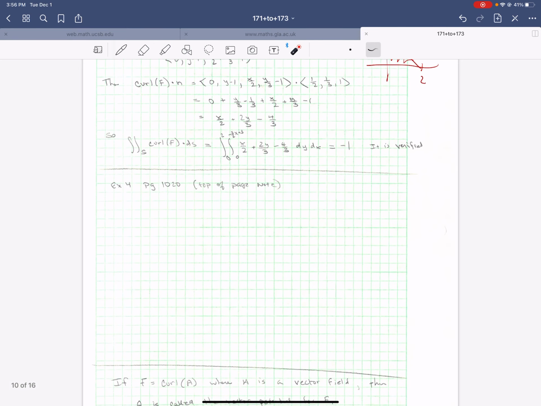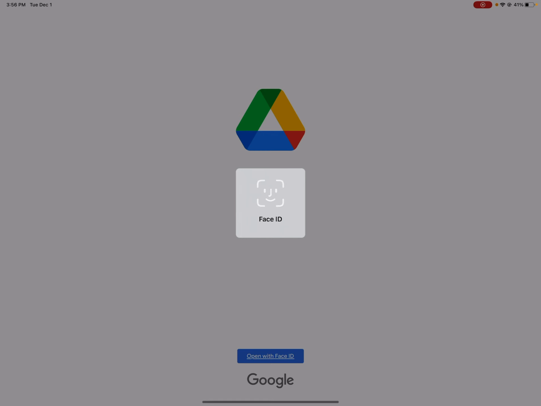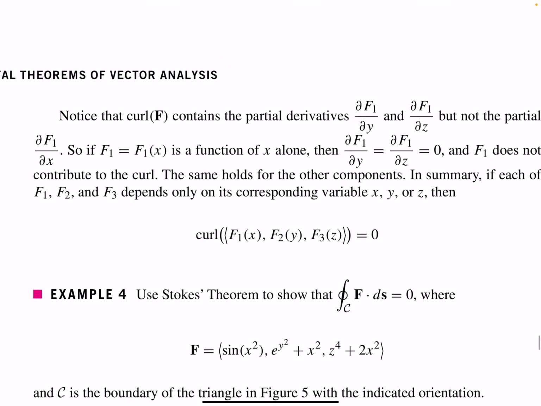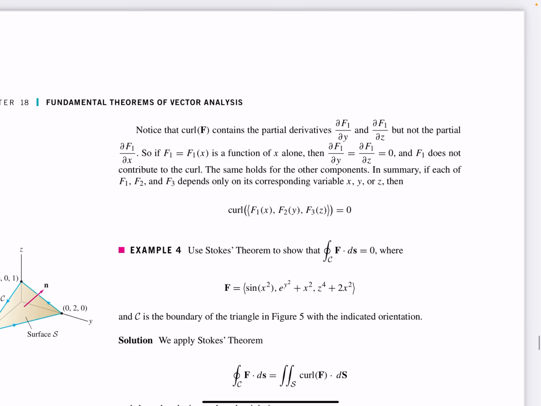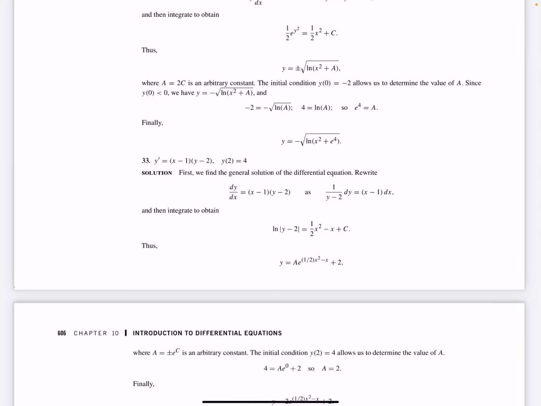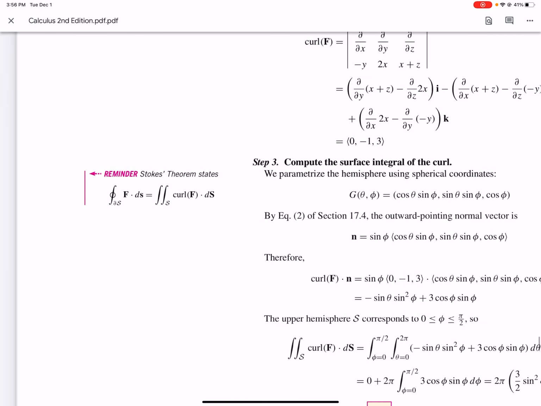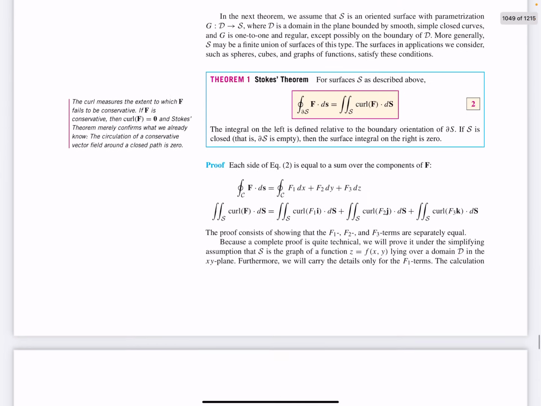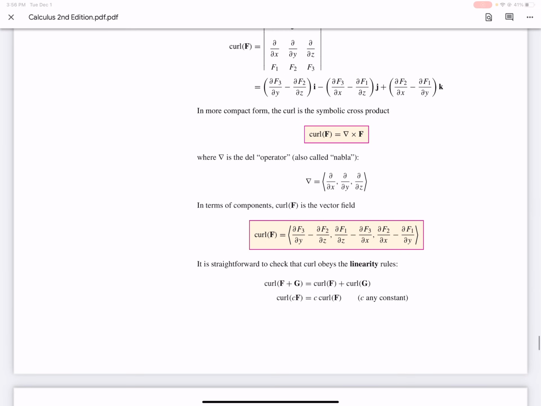Then here I have a note, so I'm going to jump over for a sec. That note is this note at the top. It says, notice that curl f contains the partial derivatives df1 dy and df1 dz, but it doesn't have the partial df1 dx. And that comes from where the curl formula is, right here.